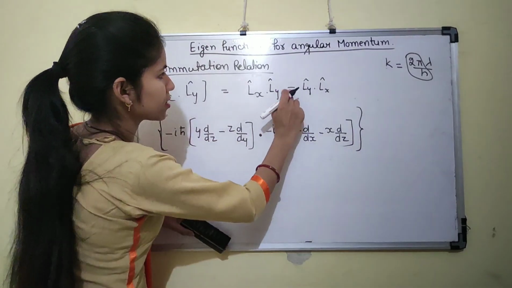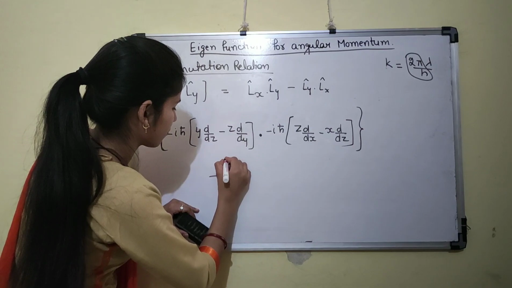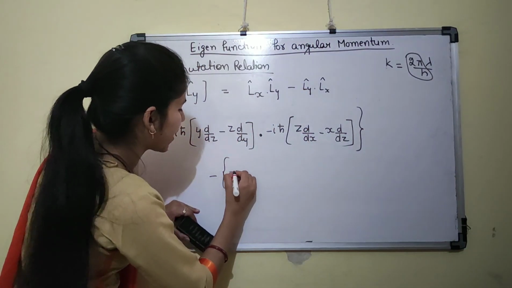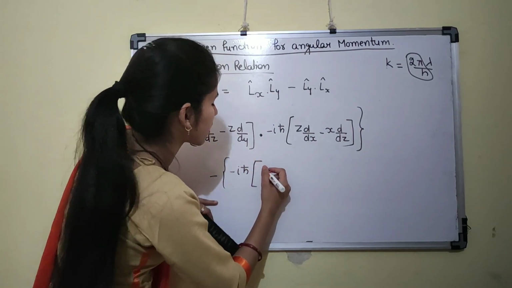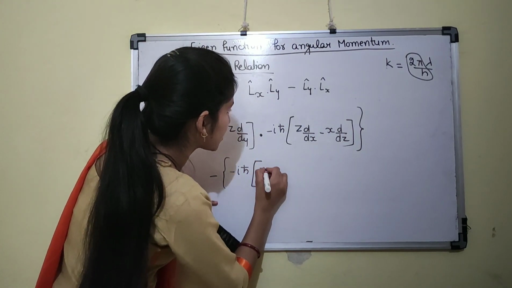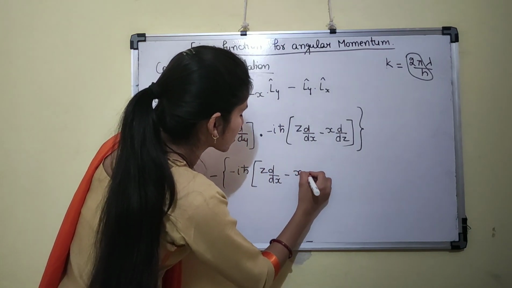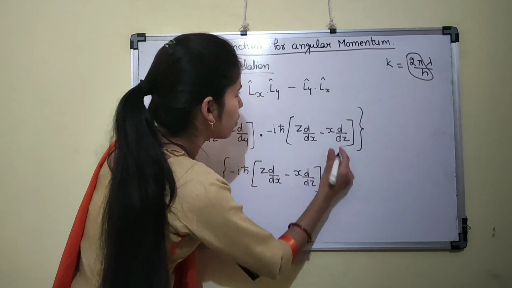And minus the value of Ly, which is minus iota h cut, z d by dx minus x d by dz, into Lx.